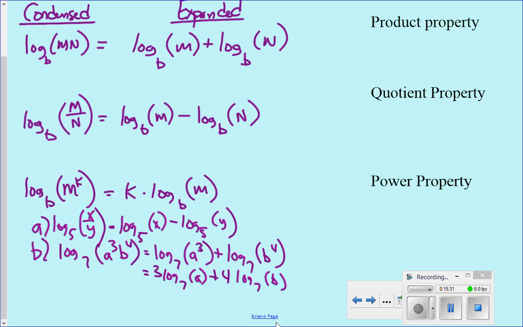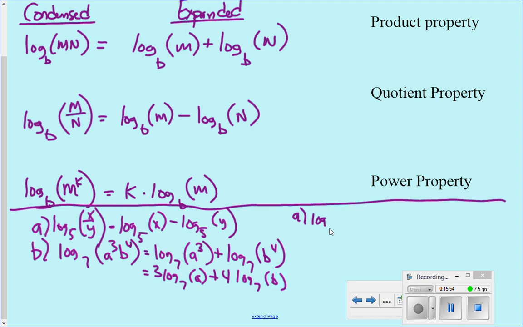Okay. Now, for C and D, we skipped those at first in class, and then we went back later. So I'm going to skip those for right now, and I'm going to take a look at condensing. So I did a couple examples in class of condensing. So let's take a look at A under the condensing section. So remember, we're following normal order of operations.